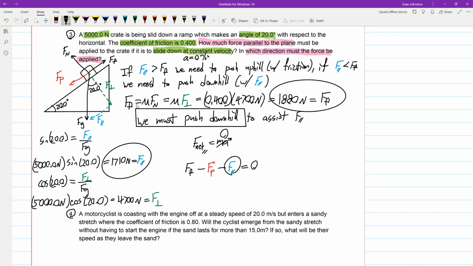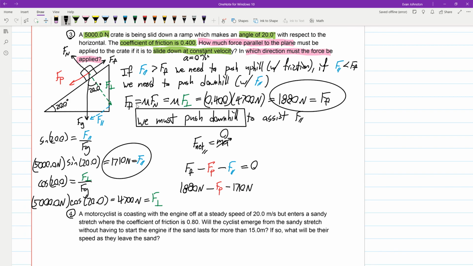If I know this one and I know this one, I can just plug in. So that's what those of you that just subtracted between these two are doing in your head. It makes total sense, because we end up having 1,880 newtons minus this force push or pull minus 1,710 newtons.